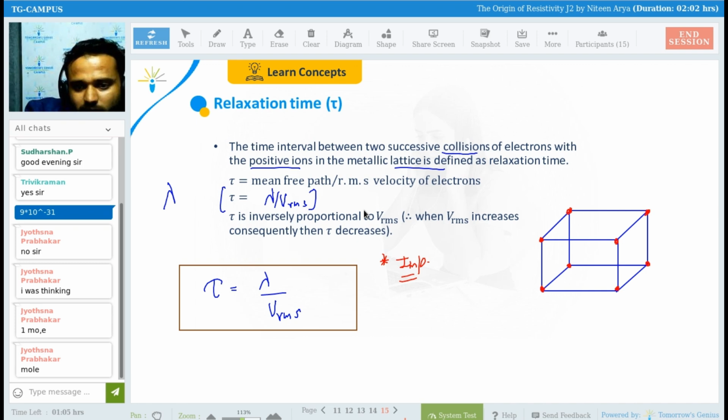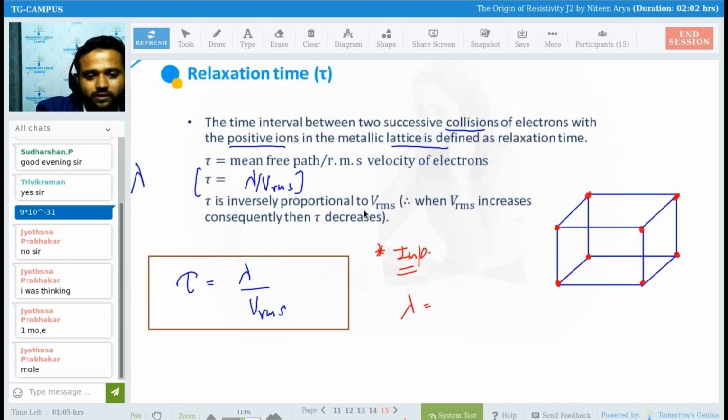So there are n number of formulas you can go at, but one of them related from the KTG, let me give it to you: RT upon root 2 pi d square N A P.